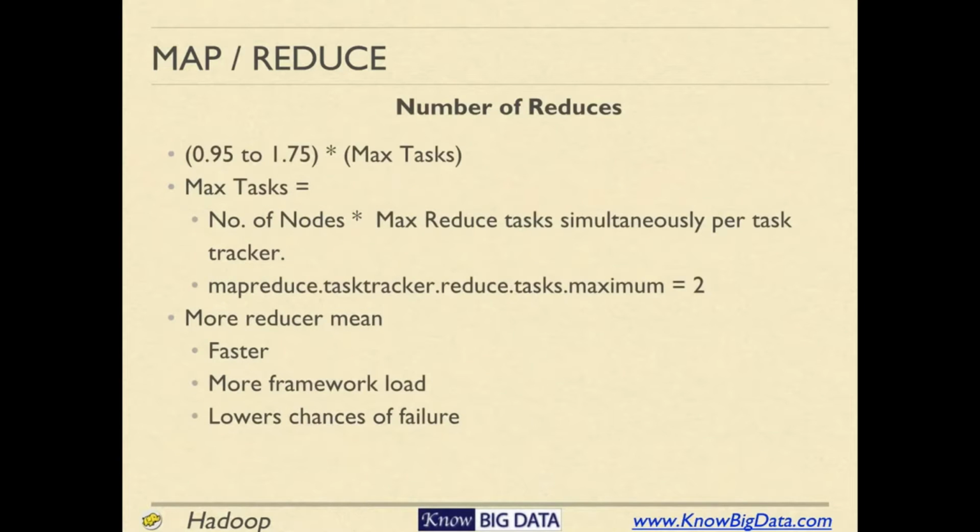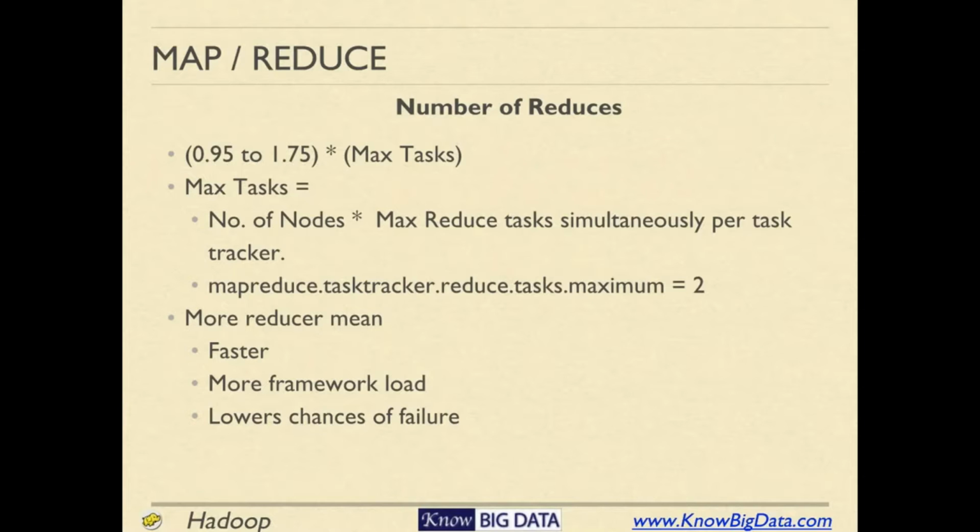All right. Now, a very common question is how many reducers should I use? How many reduce tasks should I create? There is no simple answer. Generally you discover the number of reduce tasks by trial and error.